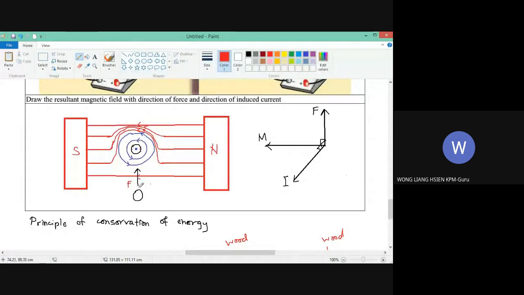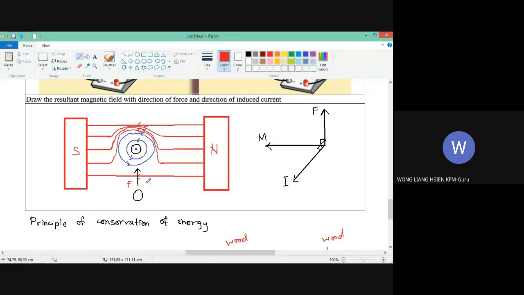So the result of disturbing the magnetic flux is it produces an induced current, producing a magnetic field that opposes your motion, opposes the movement that disturbs the magnetic flux. Understand that? So it produces an opposing force.